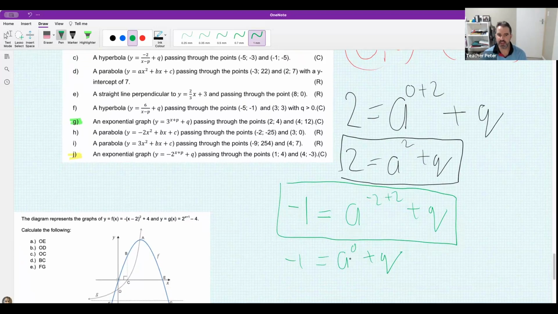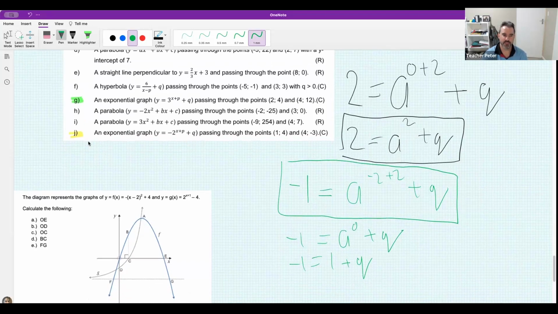Well, anything to the power of 0 is 1. So what is Q going to be in this particular one? Yes, Rita, exactly. You've got it. So what is Q going to be? Yeah, so if I bring it across, Q is going to be -2.